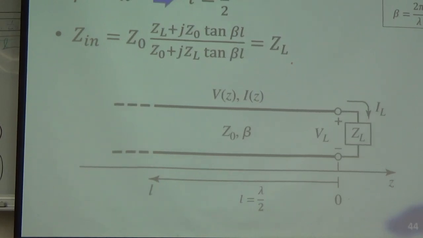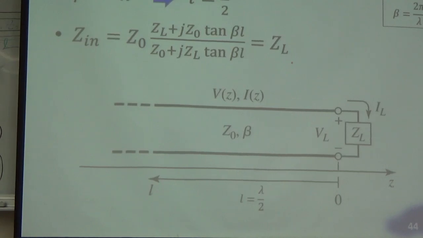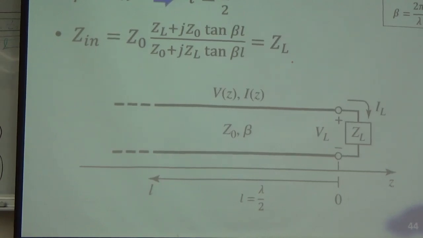Okay? And the D and the E, we show E first. For this one, half wavelength is E. Your L is lambda g over 2. Then your beta L is pi. And you can read through this one.